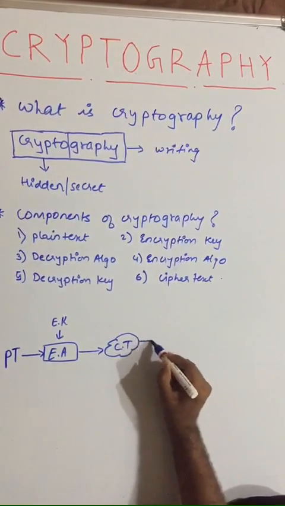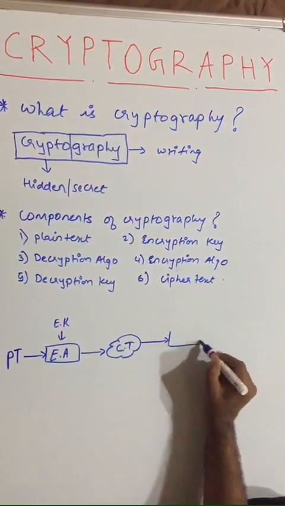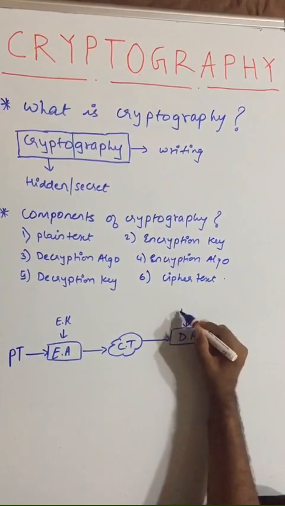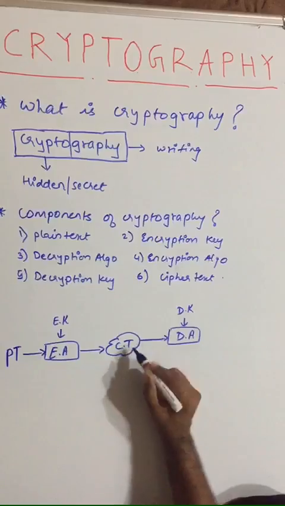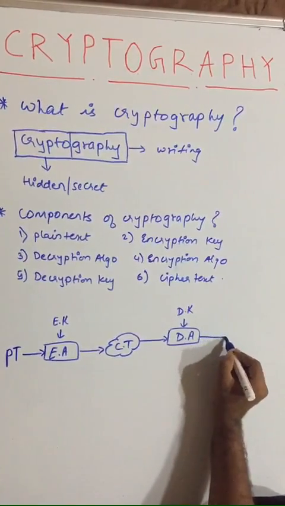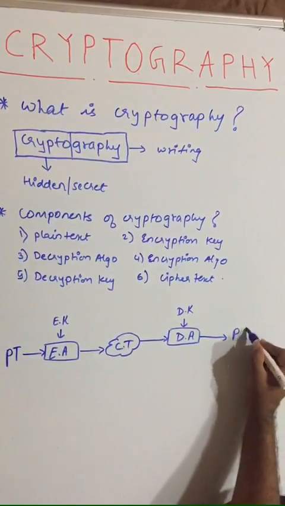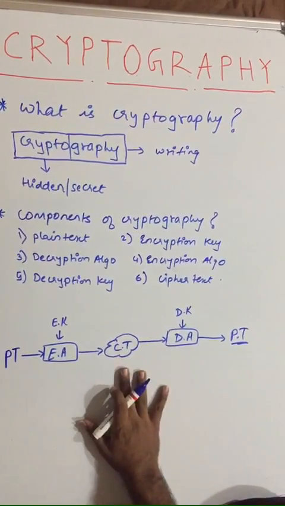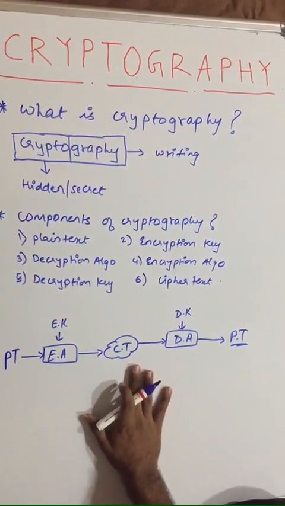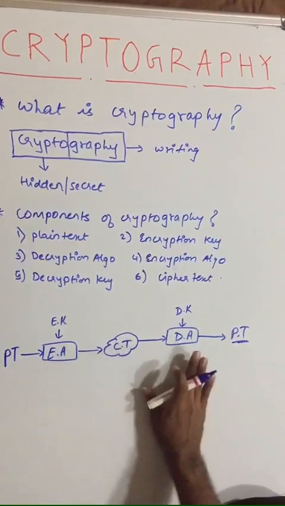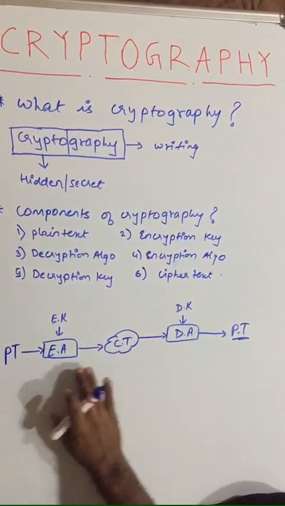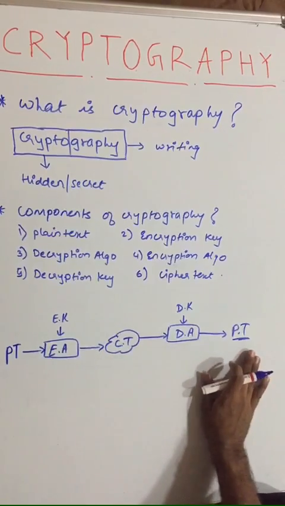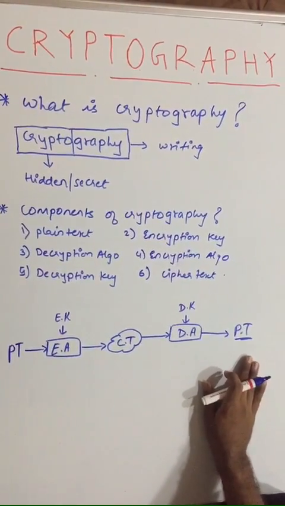Now if you apply the decryption algorithm and decryption key on this ciphertext, you would again get your plain text back. So in cryptography, basically two things always happen: encryption and decryption. Encryption gives you ciphertext, and decryption of the ciphertext again gives you the plain text. All right.